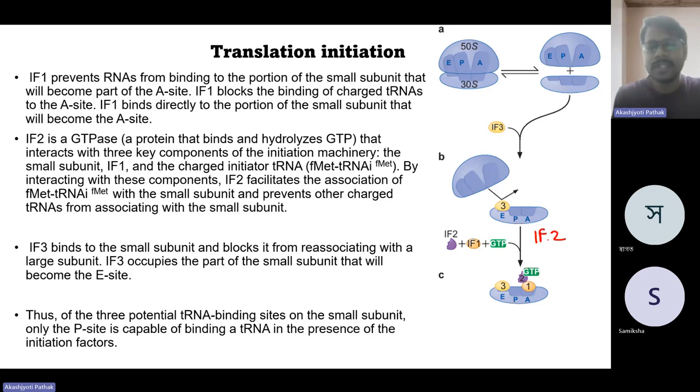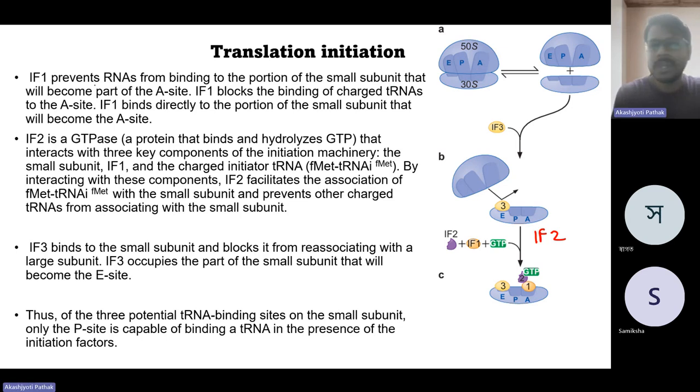In the next step, initiation factor 2 remains bound to GTP, and it recruits the initiator tRNA and allows it to bind to the P site. Remember that the E site and the A site remain occupied by the initiation factors: the E site by initiation factor 3 and the A site by initiation factor 1.